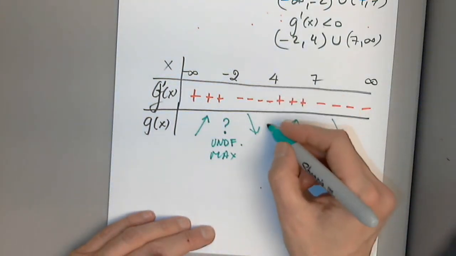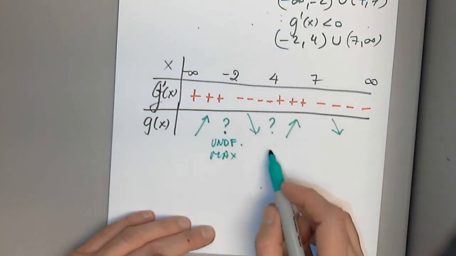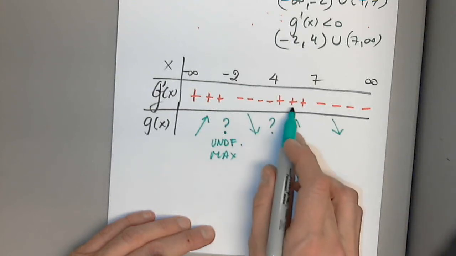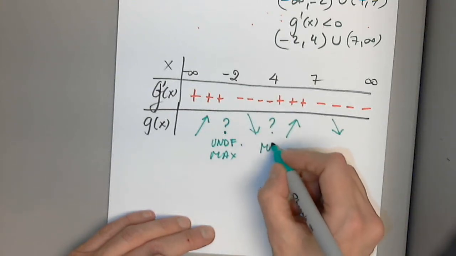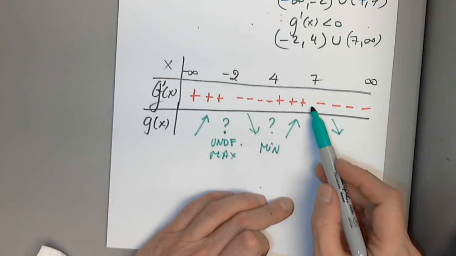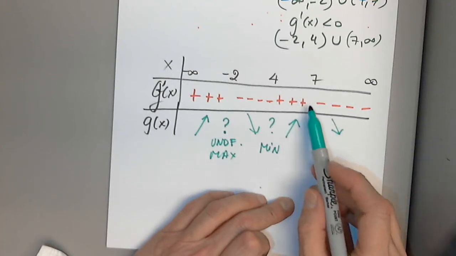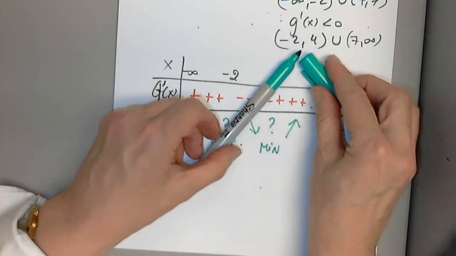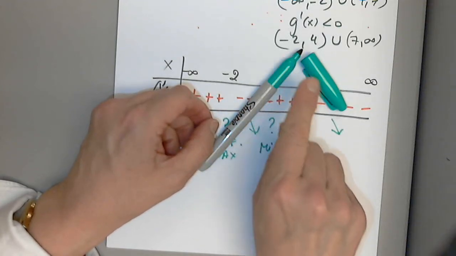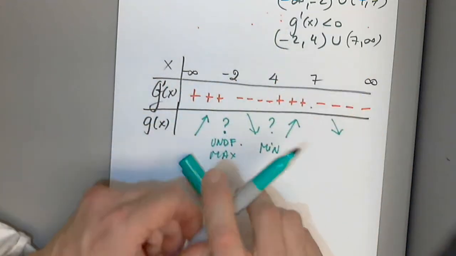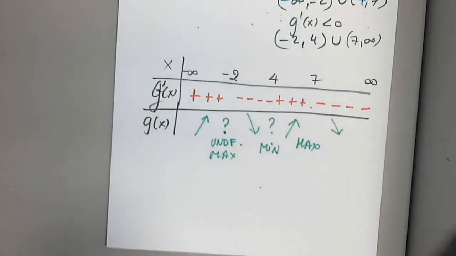Here, if you would like to consider a point, what type of point will this be? Very good. And the last one, what type of point will it be? It changes sign from positive to negative. Maximum. Very good. So let's give it a shot.